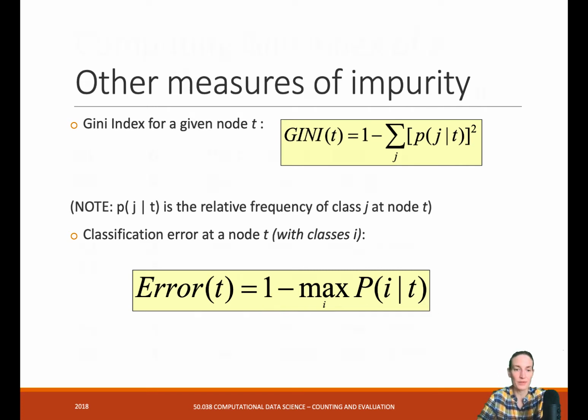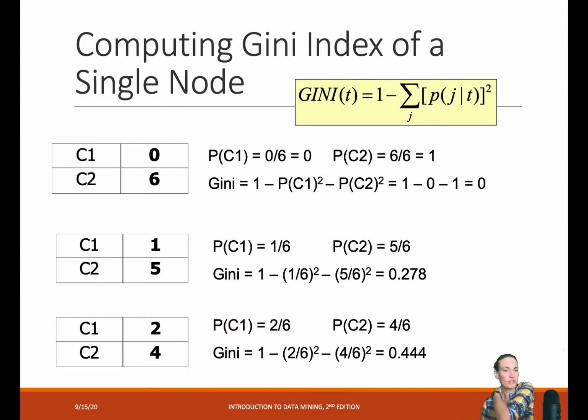Let's look at examples. The Gini coefficient is calculated. Let's take the second one in the table. We again just calculate our P(j|t) here, and we just take 1 minus this term to the power of 2.